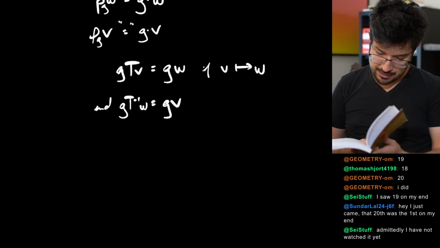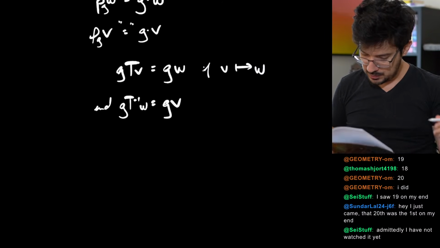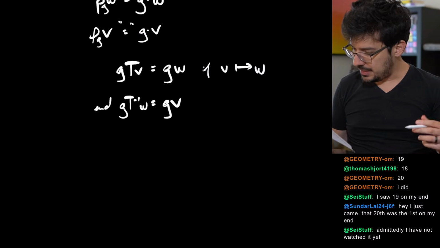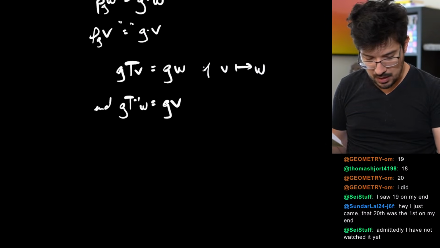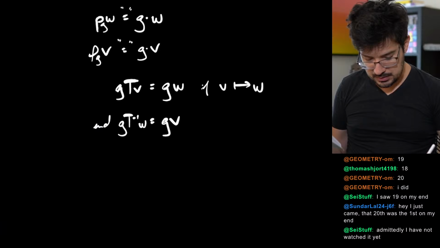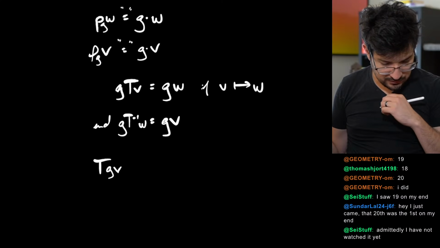Okay, so we have, I'm guessing right now, a morphism should be a linear transformation such that the transformation of... what is GV?